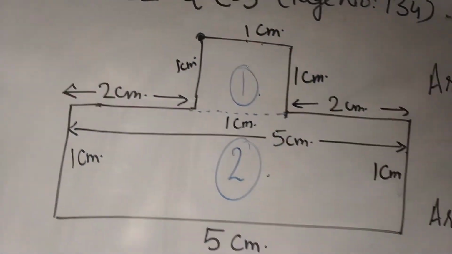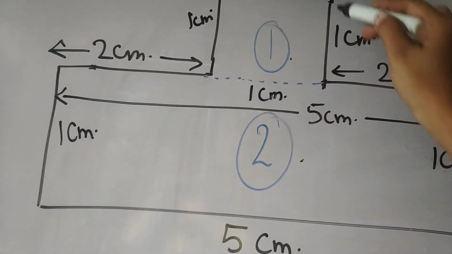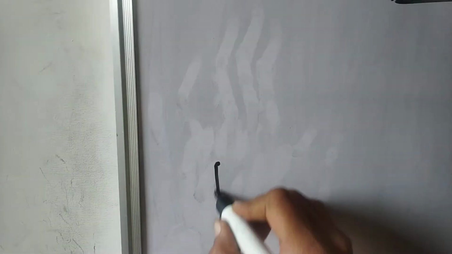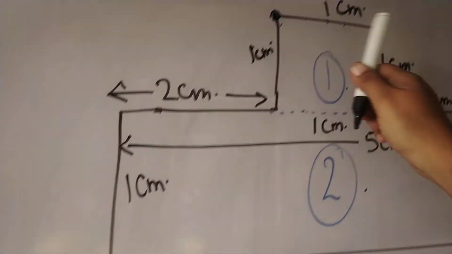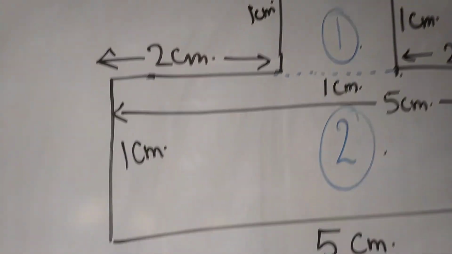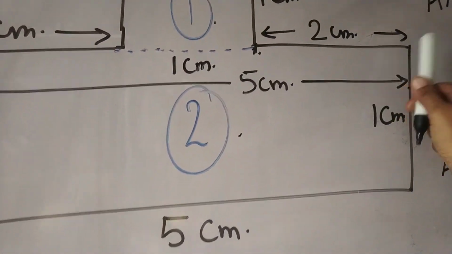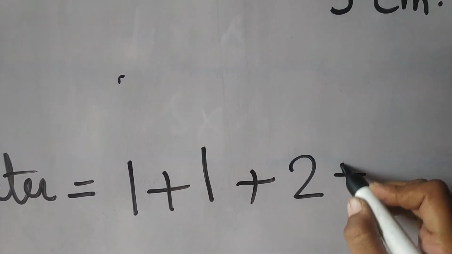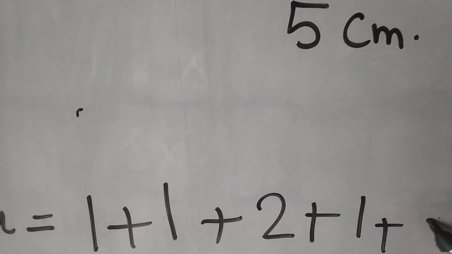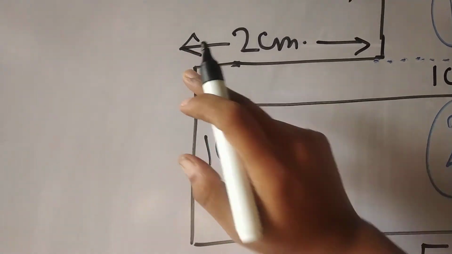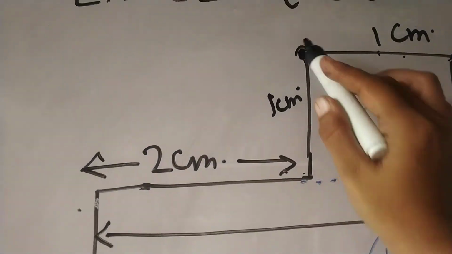Now we can find out its perimeter. We will start from here. Perimeter of this figure will be 1 plus 1 plus 2 plus 1 again and 5 plus 1 plus 2 plus 1.